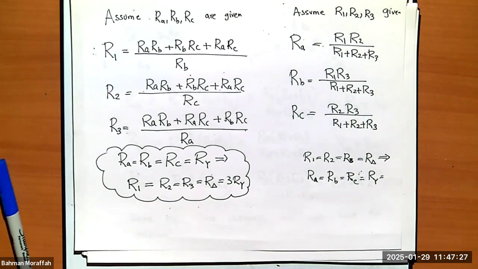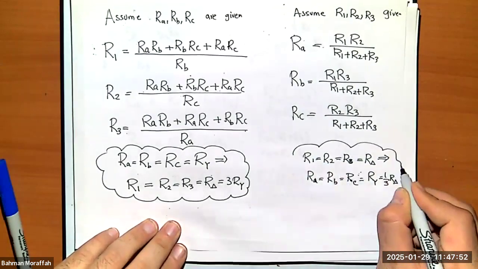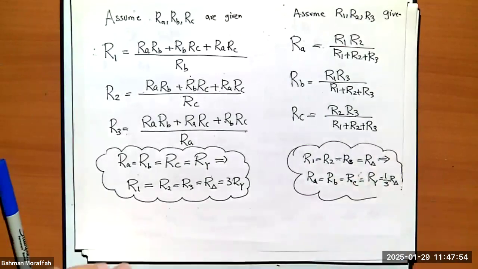Again, you can plug them in: R delta squared divided by 3 R delta. So it's 1/3. Or you could just cheat off of here. We already said R delta is 3 times RY. Therefore, RY is 1/3 of R delta.